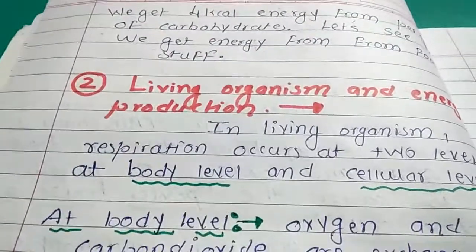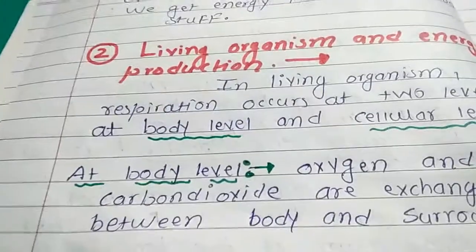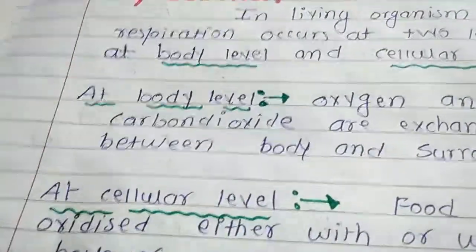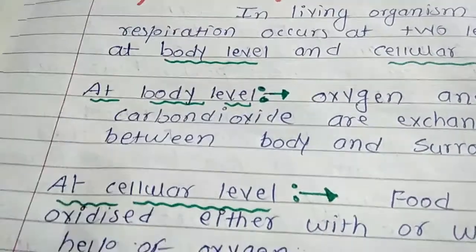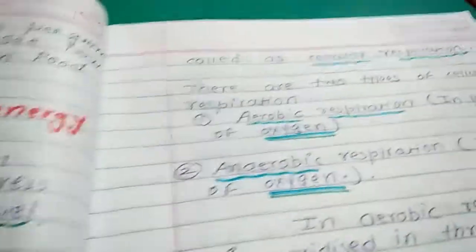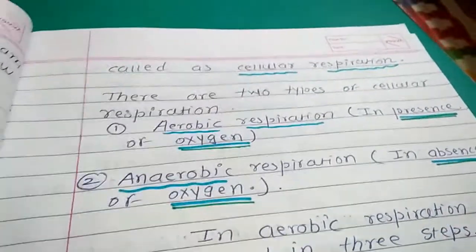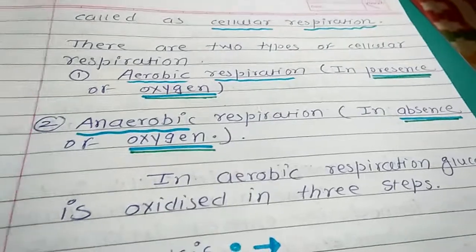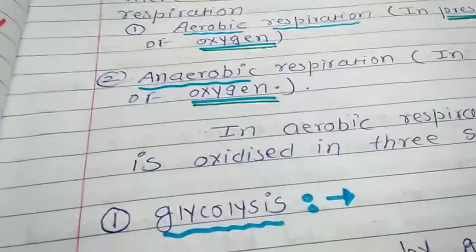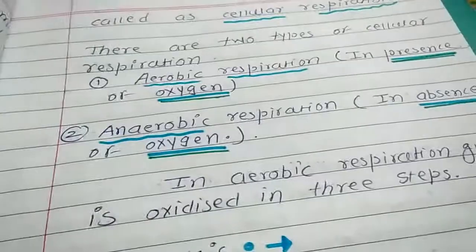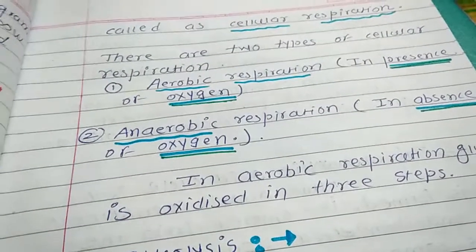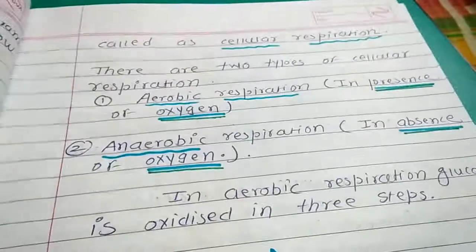Energy production in our body involves two kinds of processes: at the body level and at the cellular level. At the cellular level there are 2 types of respiration: number 1 is aerobic respiration and number 2 is anaerobic respiration. In aerobic respiration, glucose is oxidized in 3 steps, and from these 3 steps we get energy in the form of ATP in our body.